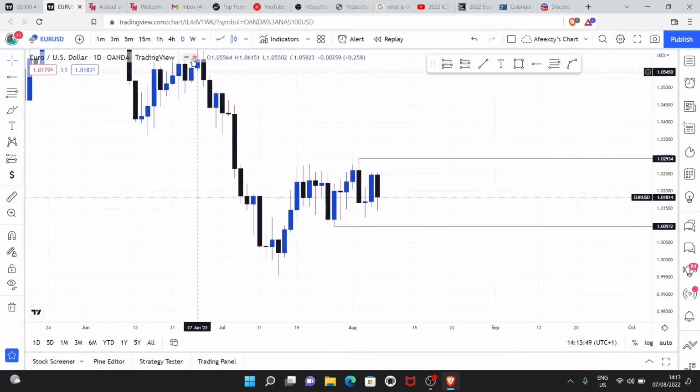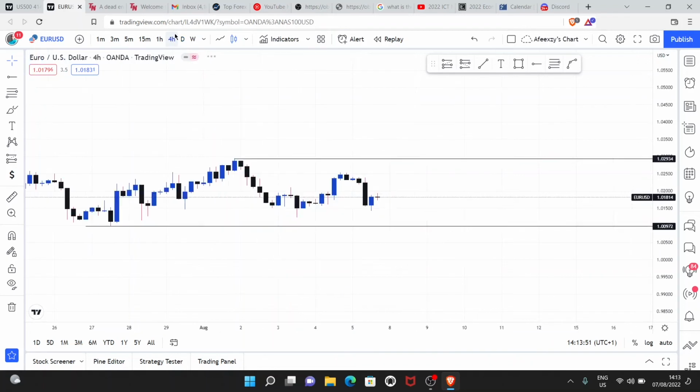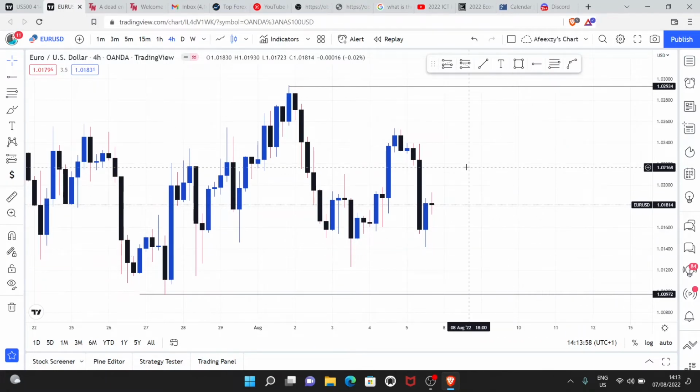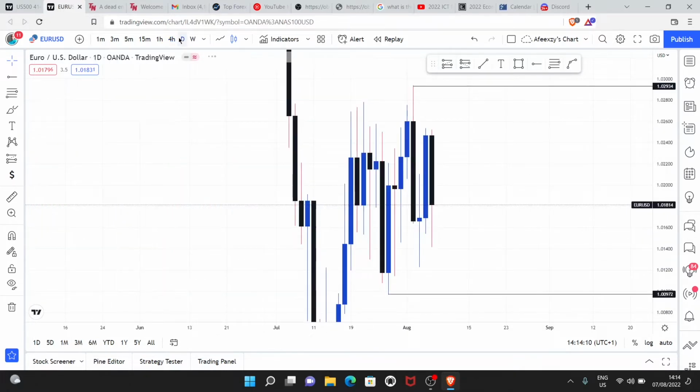Going down to our 4-hour time frame, we can see this as our 4-hour buy side liquidity zone and this as our 4-hour sell side liquidity zone. Also, let me go to the daily to check what's really happened here.